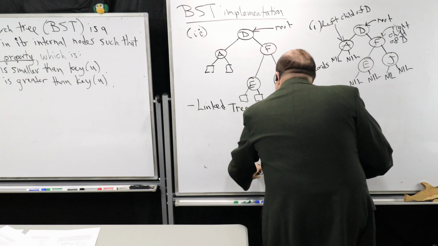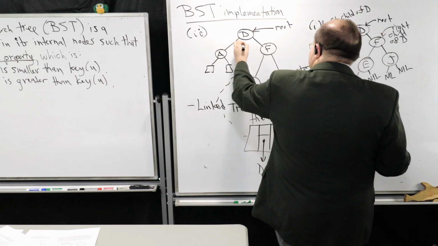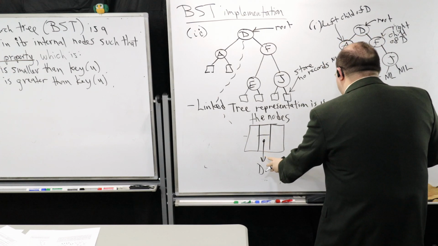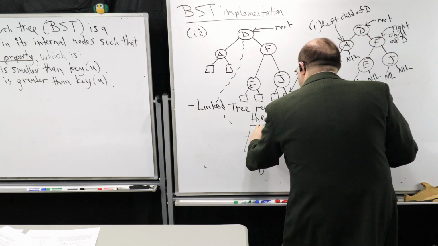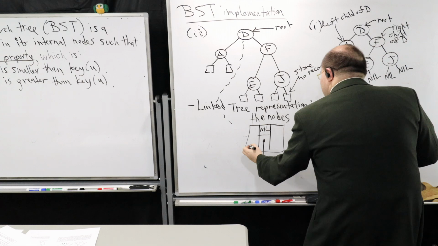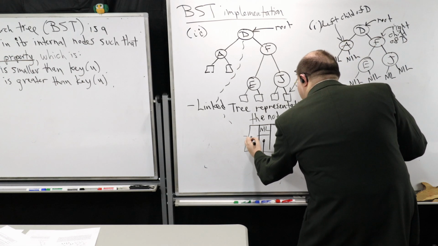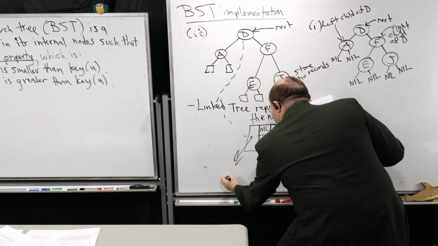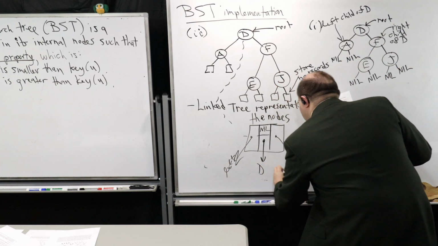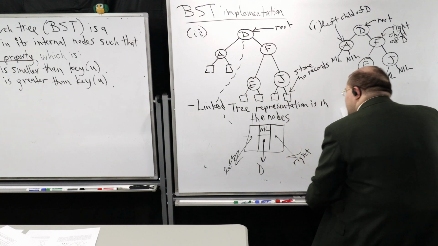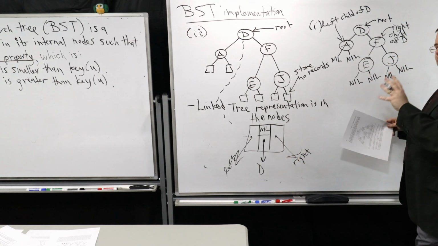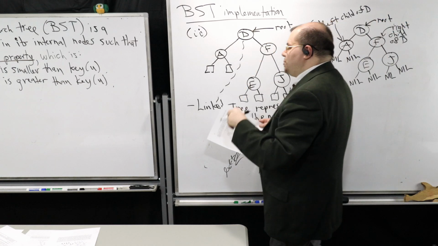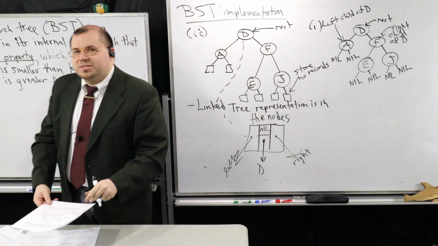Say I take one of these nodes up here like D and I blow it up, I would have the data, I could have the parent, then I would have a left child, so this would be whatever the left child is, and this would be the right child. So this would be the left, and this would be the right. But take a look at the picture. I show what this would look like when you put in the attributes for each one.